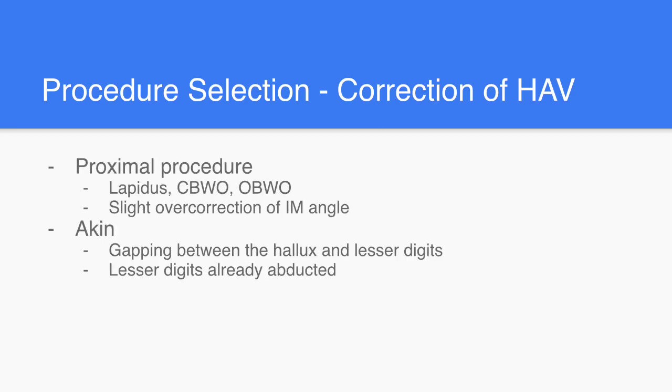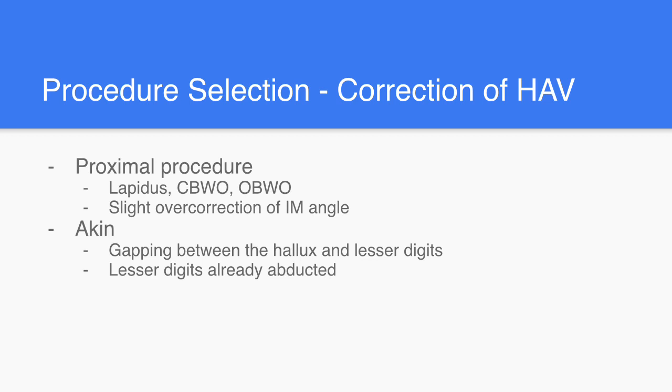For the moderate to severe HAV, of course, you want to consider a more proximal procedure. The most common ones in cases with metatarsus adductus include a Lapidus, closing base wedge osteotomy, and an opening base wedge osteotomy. In these cases, a slight overcorrection of the IM angle is not a bad idea. The chances of you actually developing hallux varus is much less in these cases.